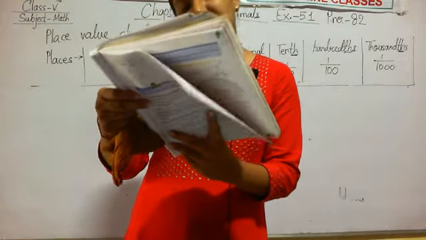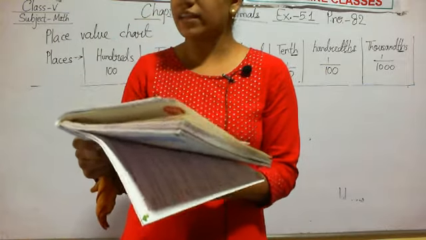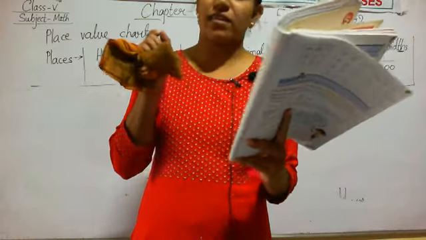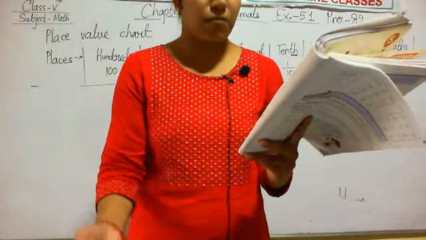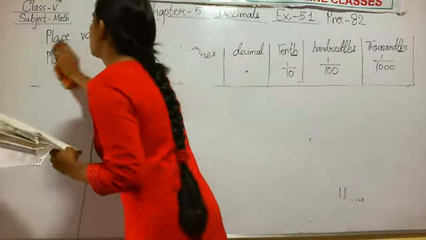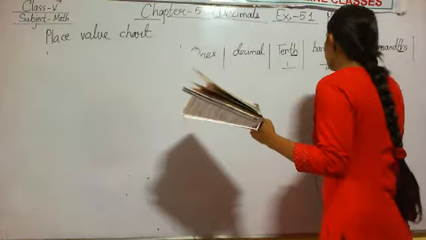Sort them and write the corresponding decimal numeral and its number name. Again here you need to write the decimal number and its number name. So 1 is already done in the book. Let us do the next one, that is B.